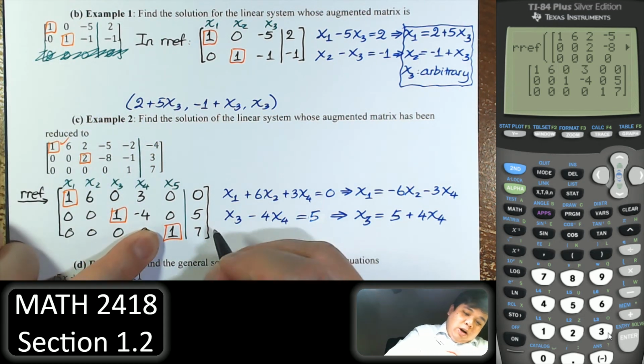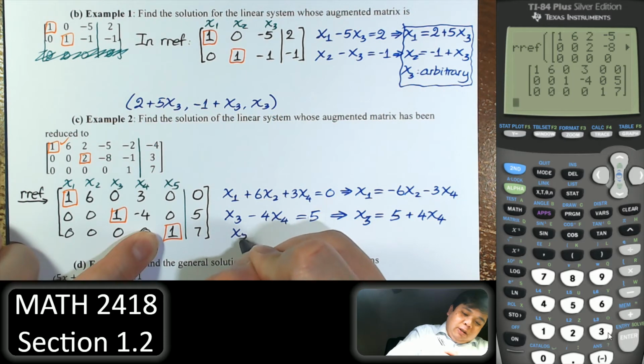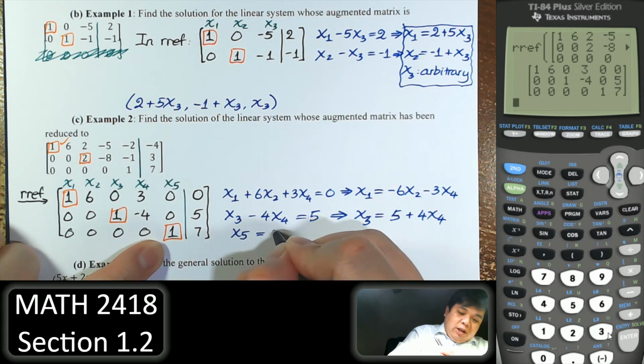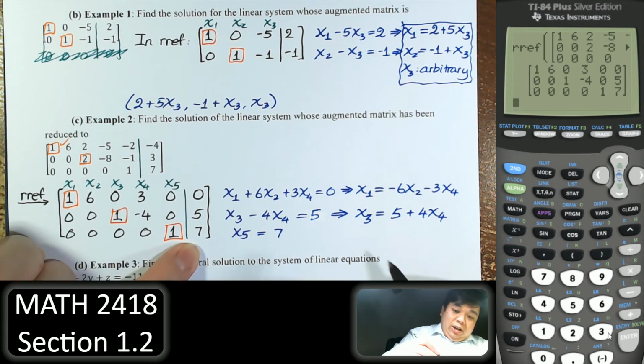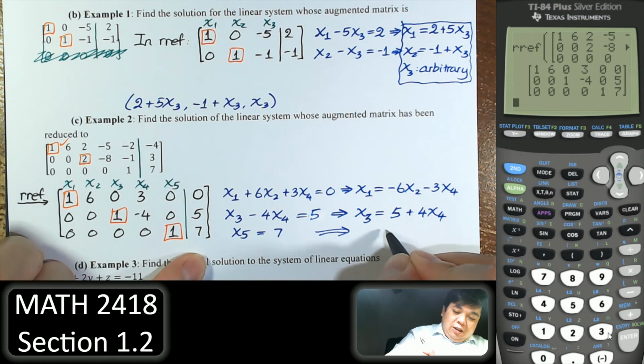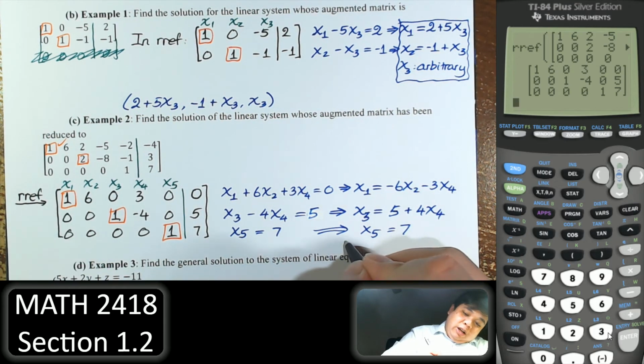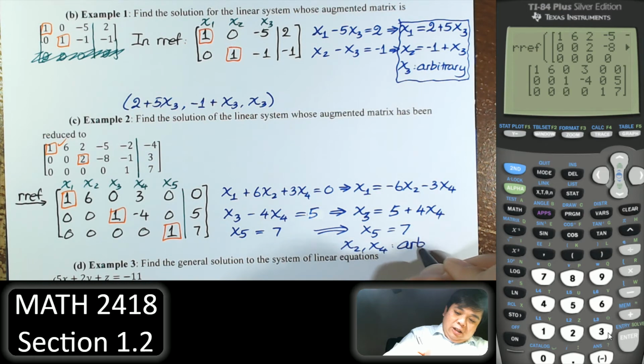And the last one is x5 equal to 7, and that's pretty much it. No other way to write it. And then x2 and x4 are arbitrary.